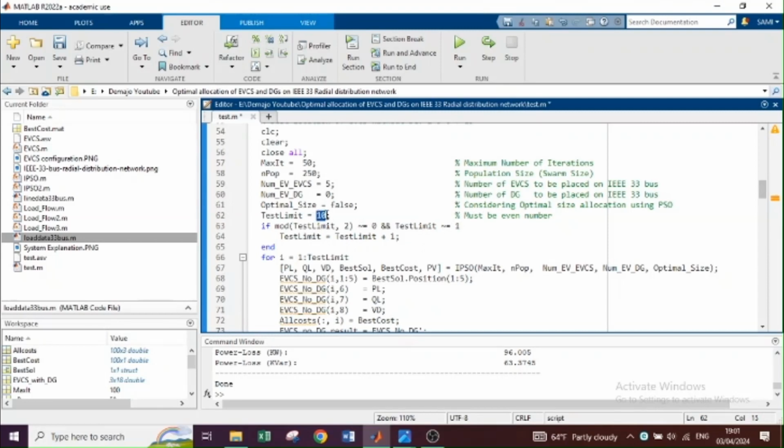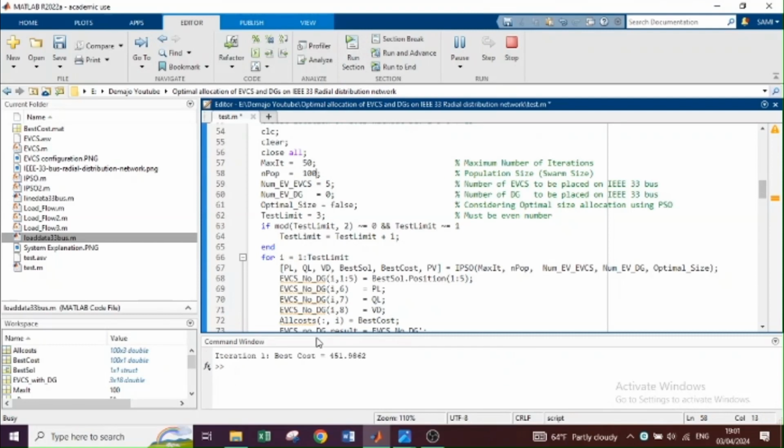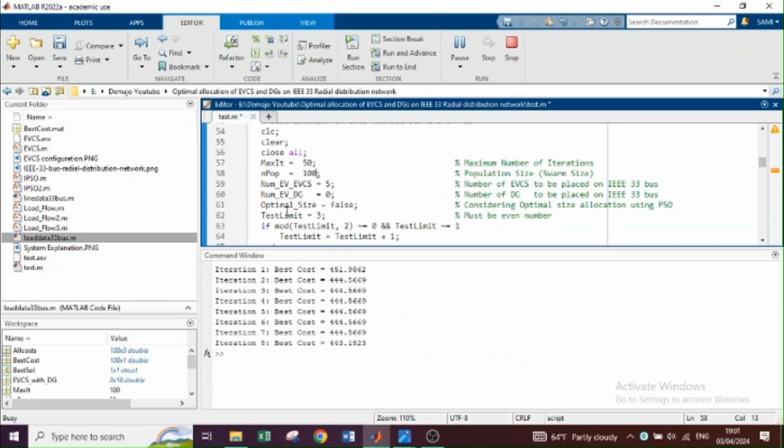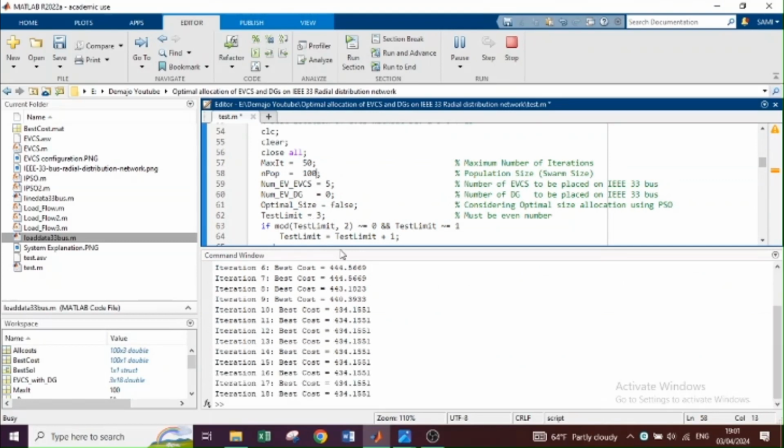And when you determine the test limit, that means you want to test this process 2 or 3 times or 5 times to find out whether the EV charging station location would be the same or it will change.